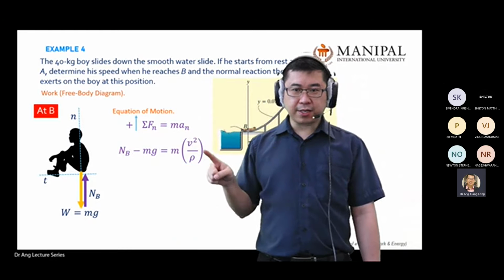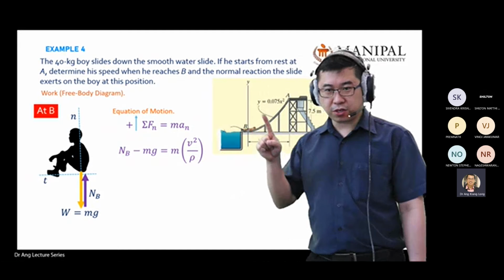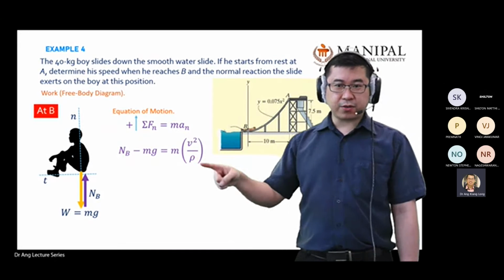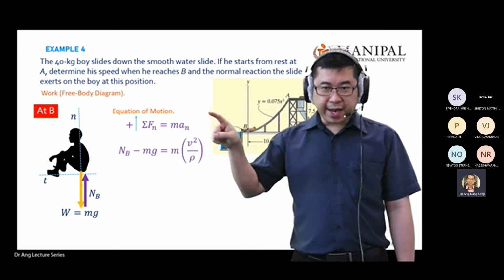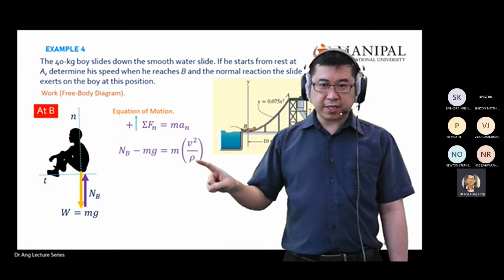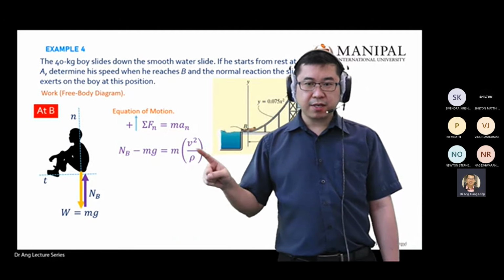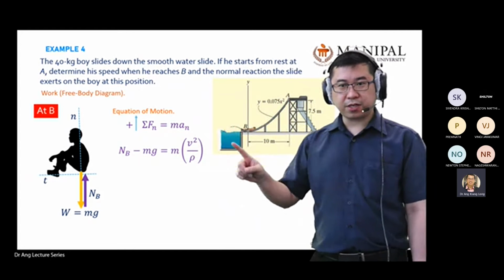Acceleration at normal direction is v squared over rho. Rho is the radius of the circle. So this one you need to recall. Every time you have a curvilinear motion, acceleration at normal direction is given by v squared over rho, or v squared over r, the radius of the circle or the curvature.